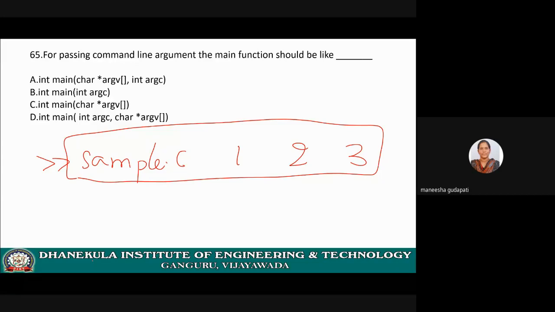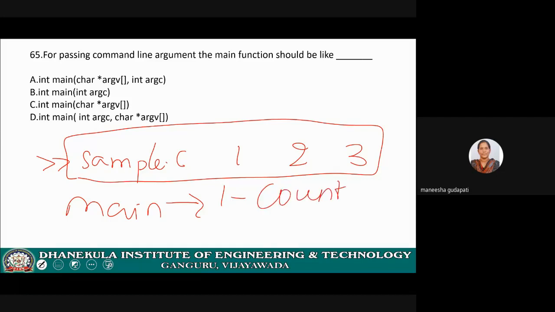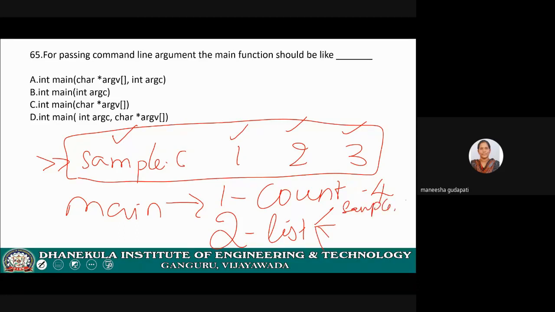Generally your main function considers two arguments. The first one is the count of arguments, and this count includes your file name: 1, 2, 3, 4. So the count is 4. The second one is the list of arguments, so you will have four entries. The first one is sample.c, the file name itself, and next come your actual given arguments.